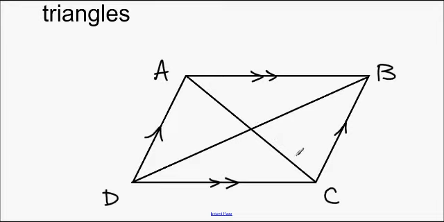And since the diagonals bisect each other, that means that this center point, maybe I'll call it E, is the midpoint of AC and DB. So E is the midpoint. So AE is congruent to EC, and DE is congruent to EB. Okay, that's what that first property means.